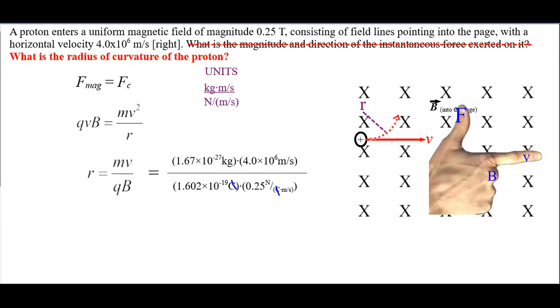My numerator is basically momentum, kilogram meters per second. My denominator, once the coulombs are canceled out, is a newton per meter per second. So because I have a per meter per second in my denominator, I can basically bring that up to my numerator, and now I've essentially got a kilogram meter squared per second squared, which is a joule, and a joule is technically a newton meter.